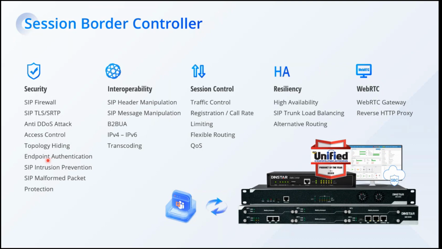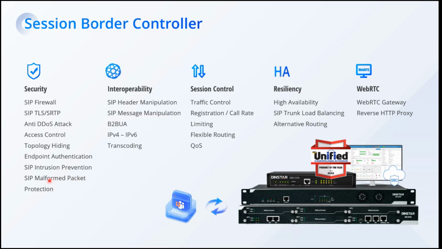Of course, we also have endpoint authentication. Authentication is something where you have to check or give permission to let endpoints access your PBX, or an internal SIP server, or PBX call center and so on. Sometimes your packets may have gone through a few nodes already, and some SIP packets may be wrong or incorrect.